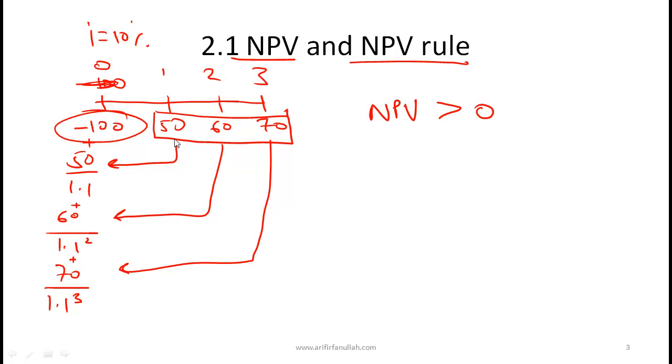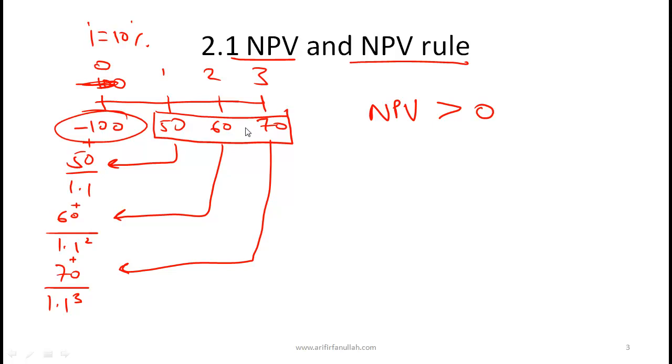How much value are you adding? There are two ways of looking at it. The value that you are adding is the present value of that rectangle, how much more it is relative to the investment. That incremental amount is the NPV, and that is the value that you are adding. So the NPV rule is go for a project if NPV is greater than 0.